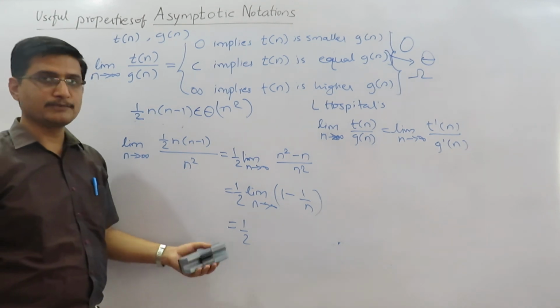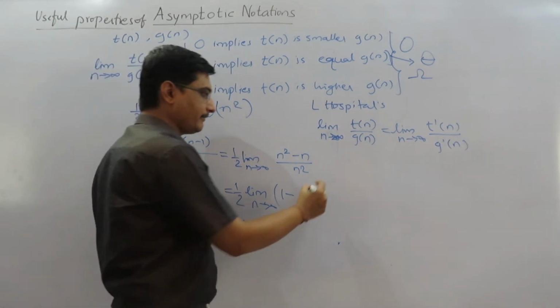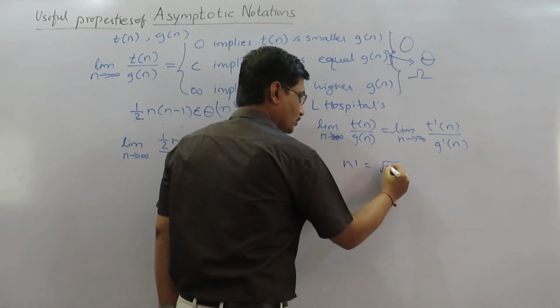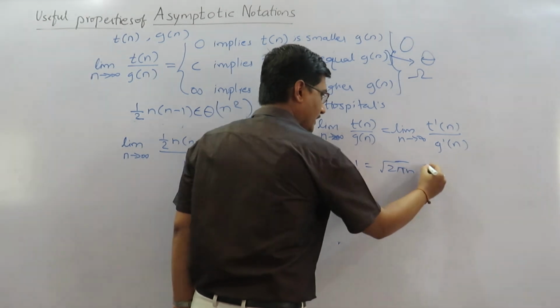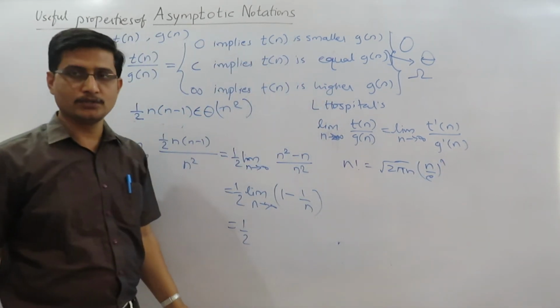Or sometimes we may need to use the formula for finding the factorial of n, that is root 2 pi n into (n by e) whole raised to n. This we may need to use.